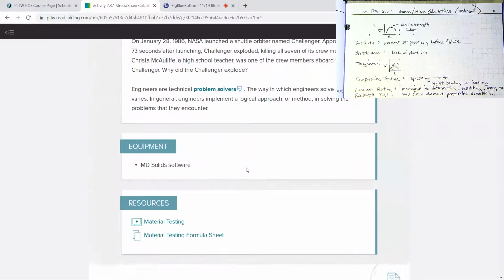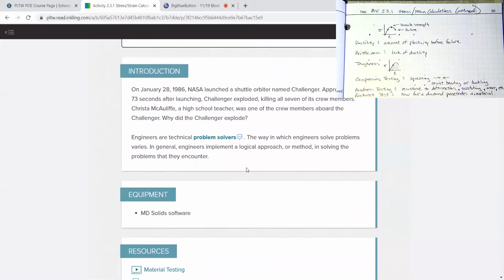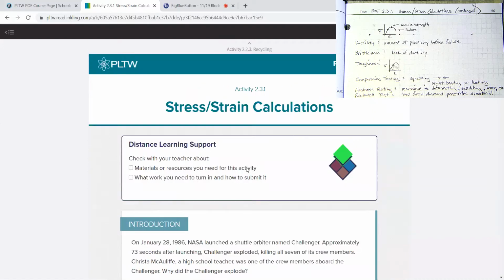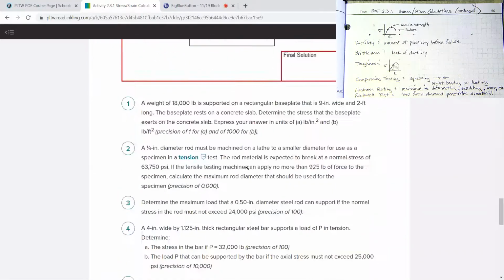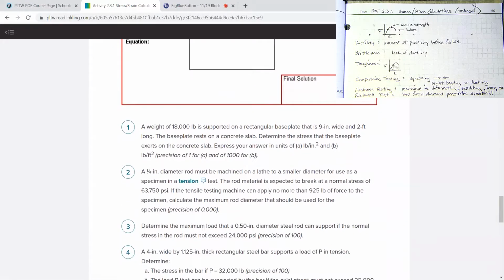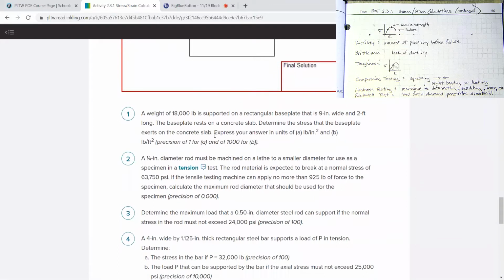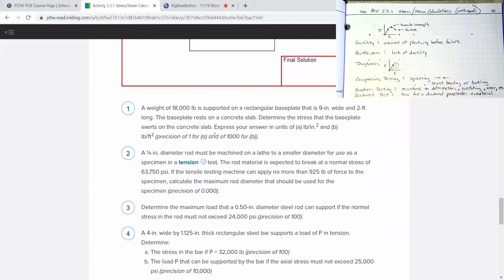If you're looking at both my screen and me, my screen shows the 2.3.1 stress strain calculations, and then procedure and notes. You can see problem number 1, which we did in class, and problem number 2, which we're going to do right now.